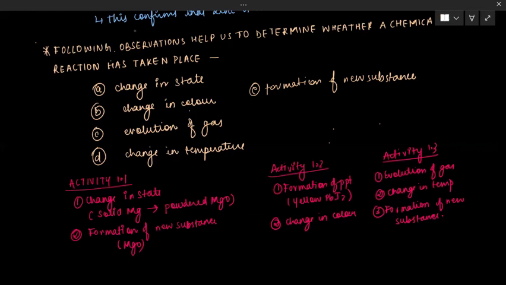In activity 1.2, we saw formation of a new substance, that is PbI2 was formed, and change in color. And in activity 1.3 that we have performed now, there was evolution of gas, change in temperature, and formation of a new substance. So now we have covered all three activities, 1.1, 1.2, and 1.3. We are ready to begin with our chapter. Thank you.